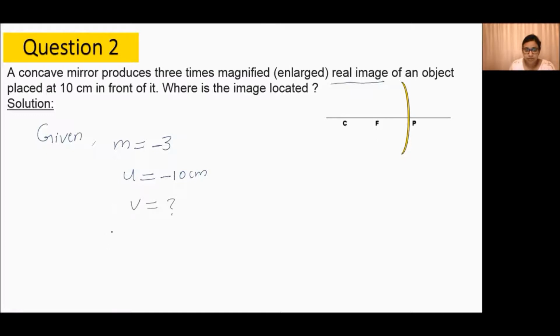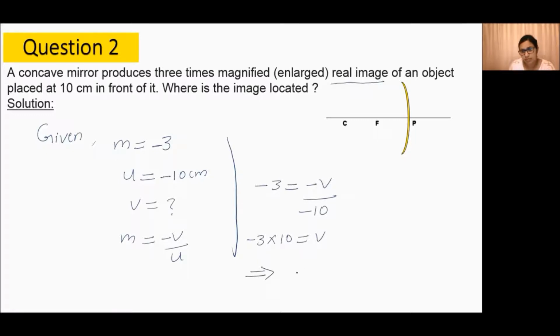The formula used here is M is equal to minus V divided by U. That means minus 3 is equal to minus V divided by minus 10, or minus 3 into 10 gives V, which implies V is equal to minus 30 centimeter.